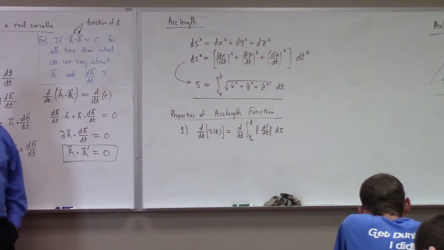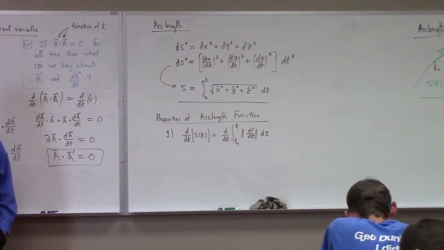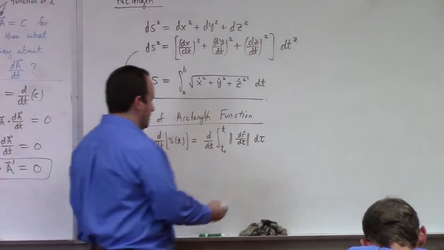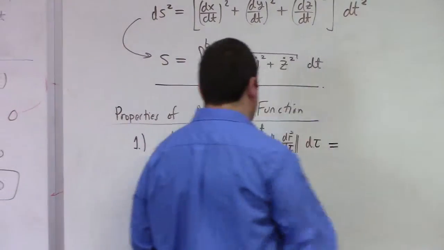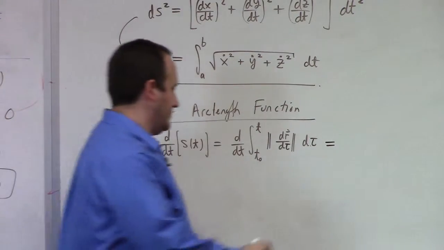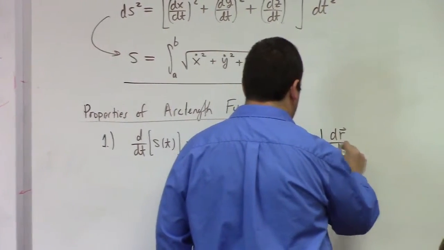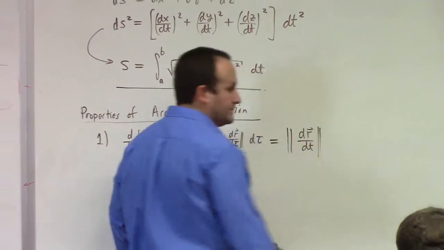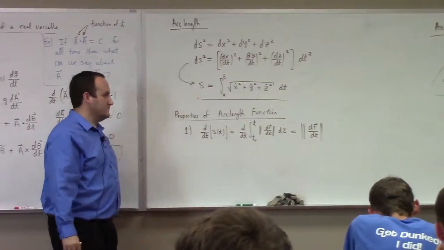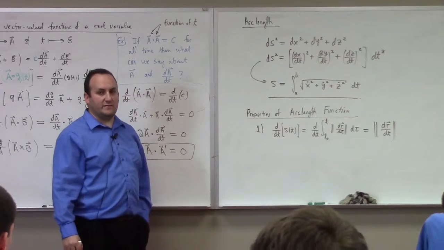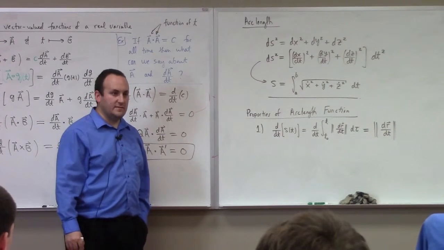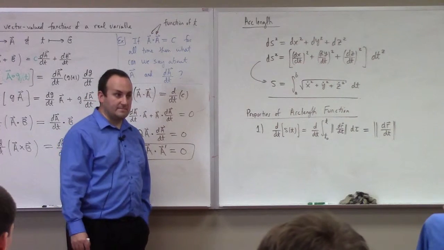Remember, fundamental theorem of calculus, part 1, says what? This is what? Magnitude of dr/dt at time t. So there you have it. The magnitude of the velocity is ds/dt.